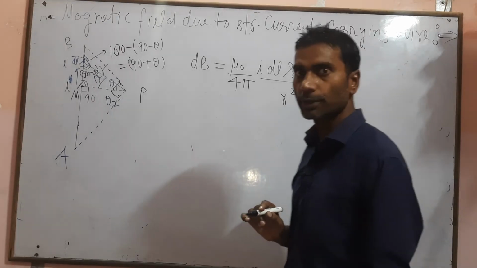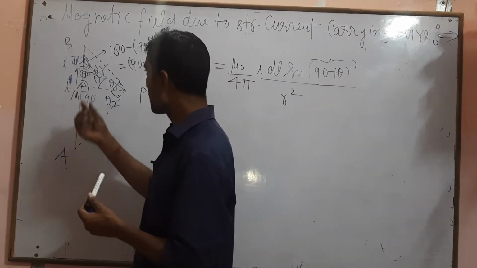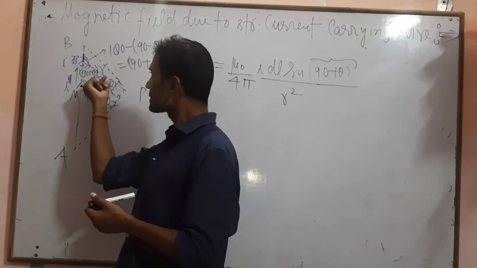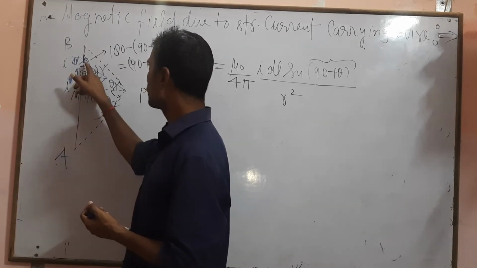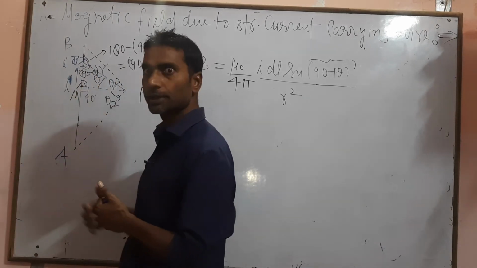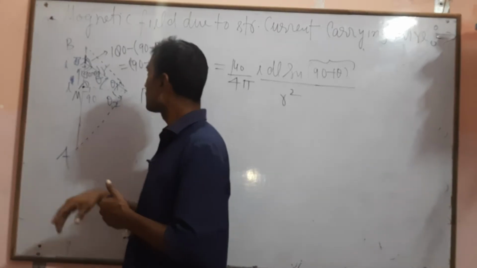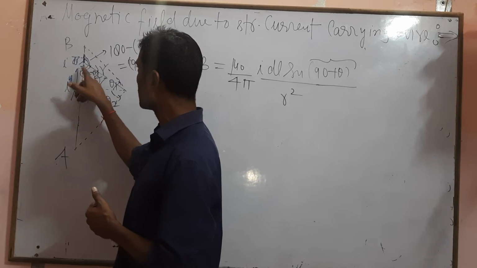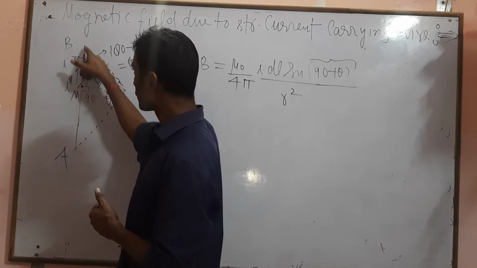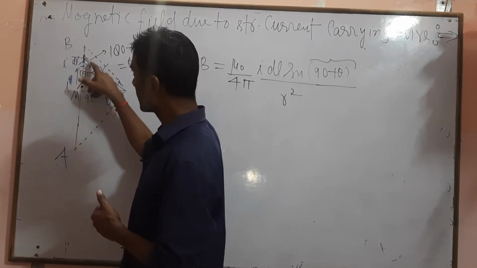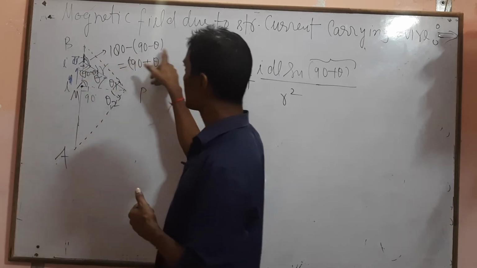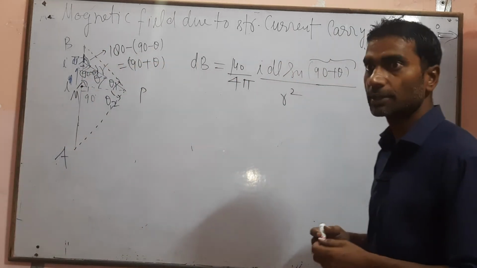Theta cannot be put because theta is not the correct angle. Theta is this angle. In this triangle, this angle is 90 degrees because this line is perpendicular, so this is 90 minus theta. The total angle is 180 minus 90 minus theta, which equals 90 plus theta.